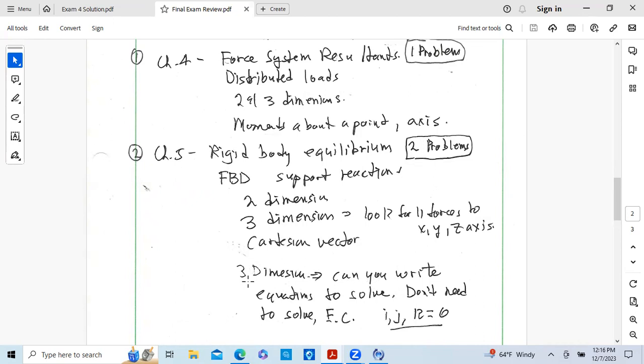What are the forces on the links or on the cables? Typically, I wouldn't ask you to solve the unknowns. That could be an extra credit problem, but I would ask you, can you write the 3 equations? And we've done problems, and they're not difficult.